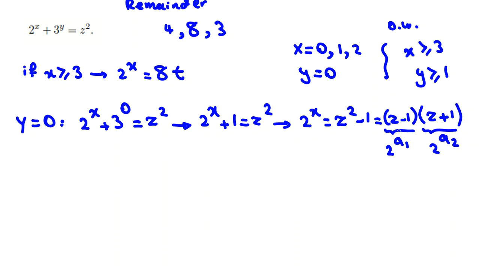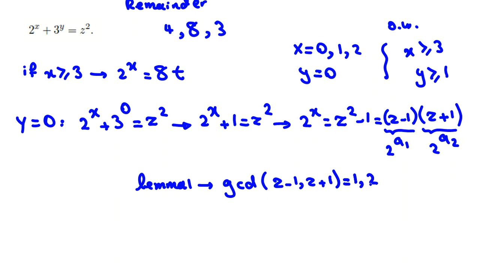And I know their GCD from lemma 1: the GCD of two numbers whose difference is 2, a and a plus 2, here z minus 1 and z plus 1, is 1 or 2. So do you agree? I know 2 to the a1 is less than 2 to the a2, because z minus 1 is 2 less than z plus 1.